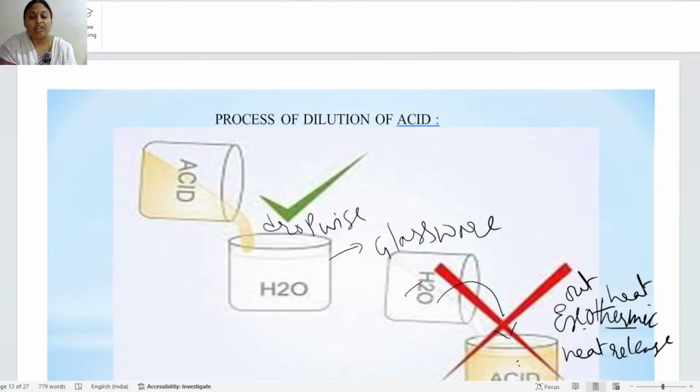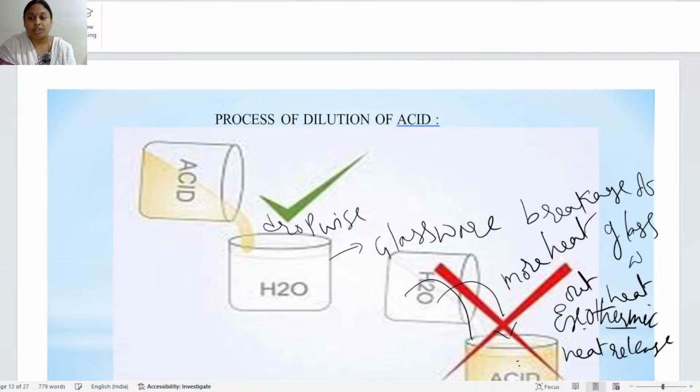If we suddenly add water to the acid, more heat energy is released, which leads to breakage of the glassware. To avoid that, we add acid to the water. This is the way of dilution.